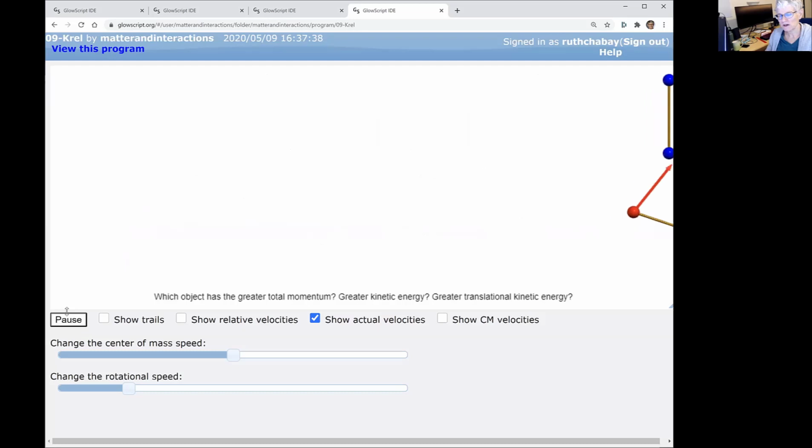So we can see that in any instant here, each red ball has a velocity that's greater than each blue ball does. And so if we add up the kinetic energy of the two red balls, it's going to add up to more than the kinetic energy of the two blue balls.